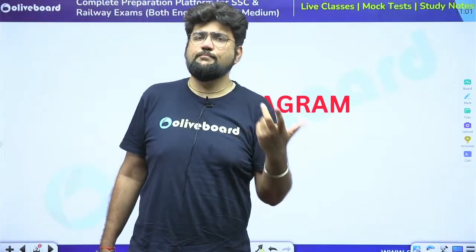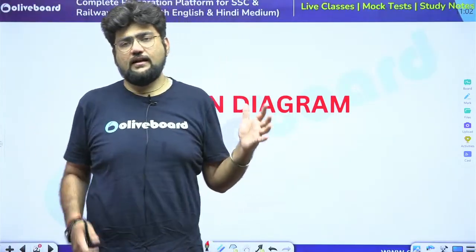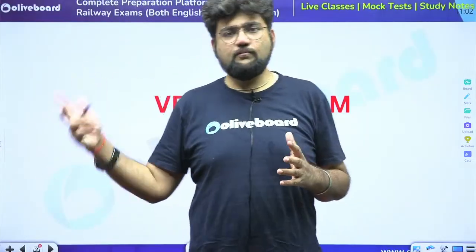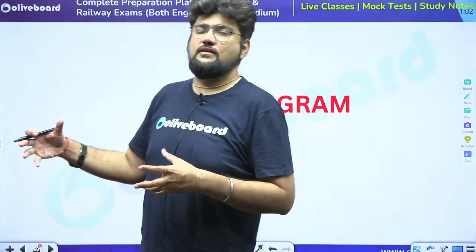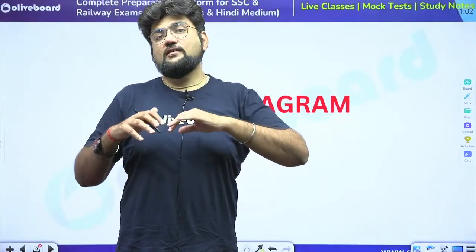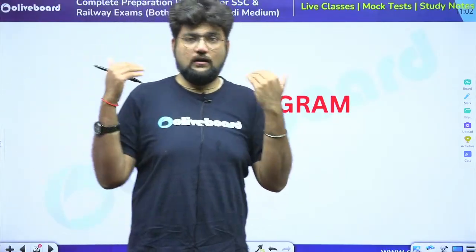If I just ask you a simple question: if you are reading a novel or a book that is very text heavy, and on the contrary there is another book which is image heavy, meaning there are a lot of images, pictorial representations, graphs, a lot of information in the form of figures, which is more visual.